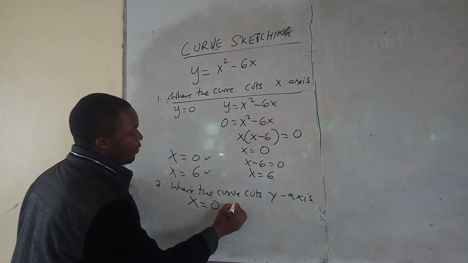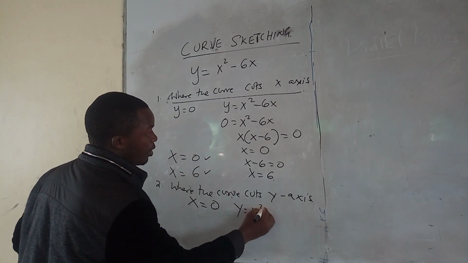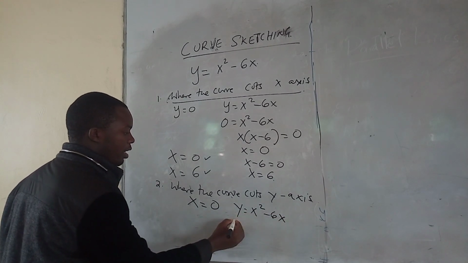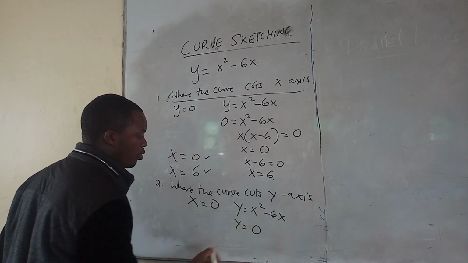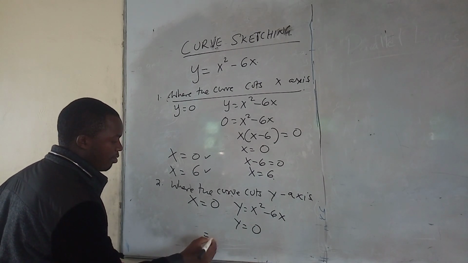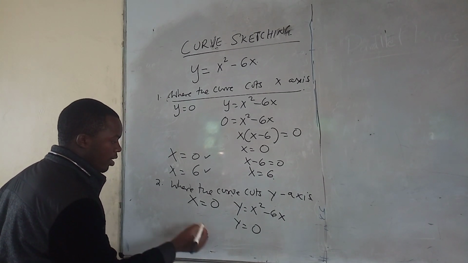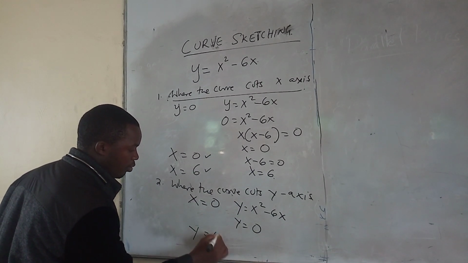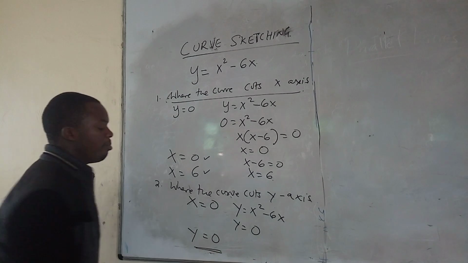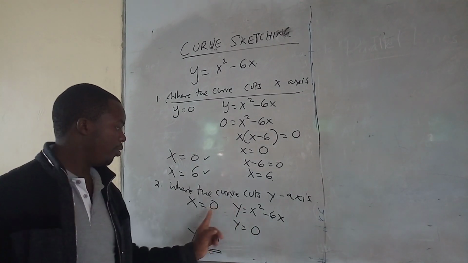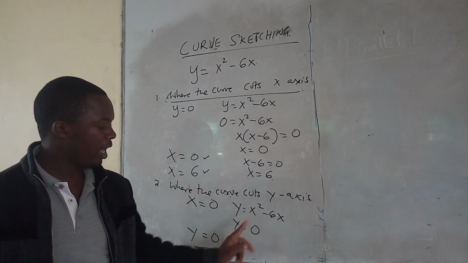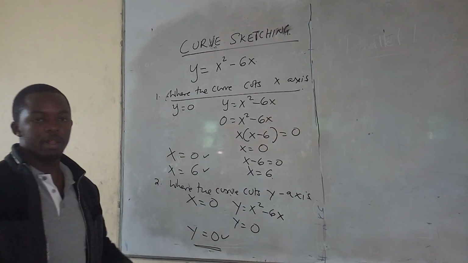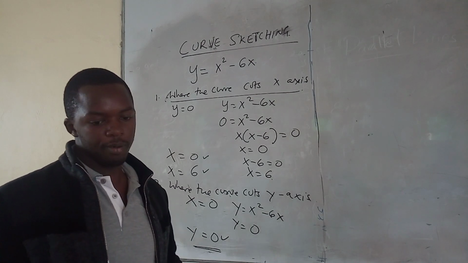So if I have my function y is equal to x squared minus 6x, I will substitute 0 here so that I have y is also equal to 0. So where the curve cuts the y-axis, y is equal to 0. I have got it by substituting x to be 0 here, and the value of y must be 0. So this is another point that I will need to sketch the curve.